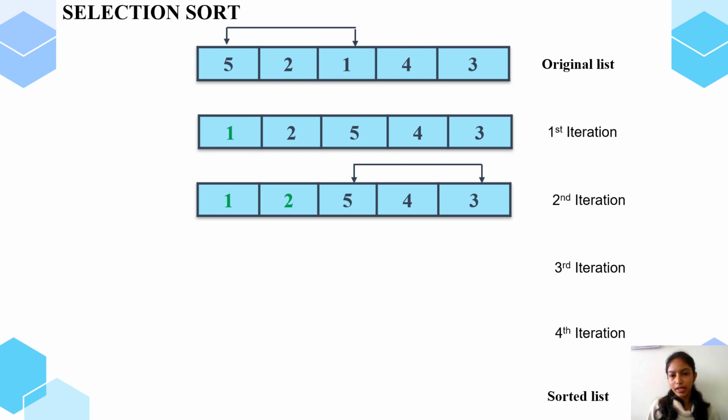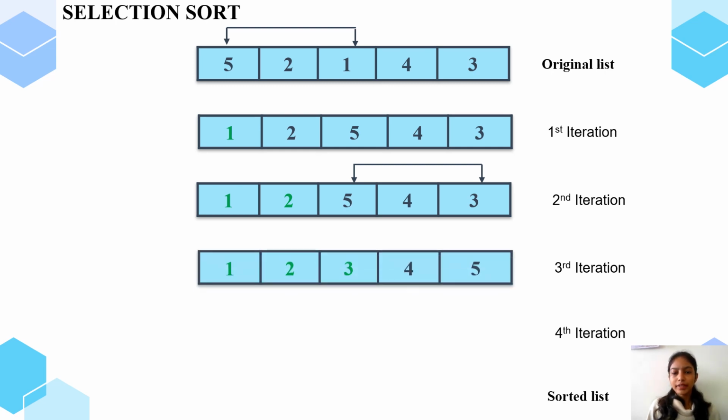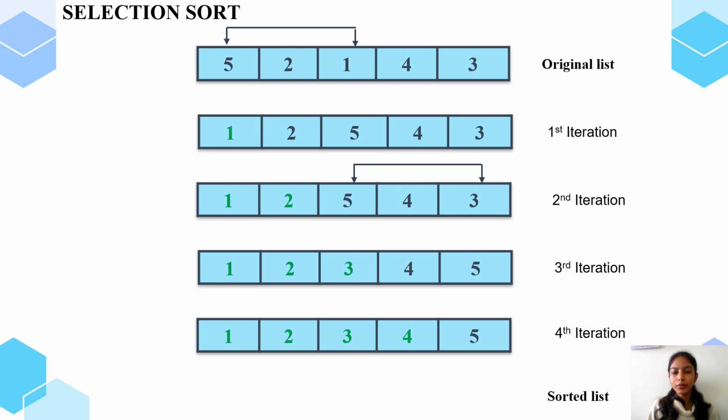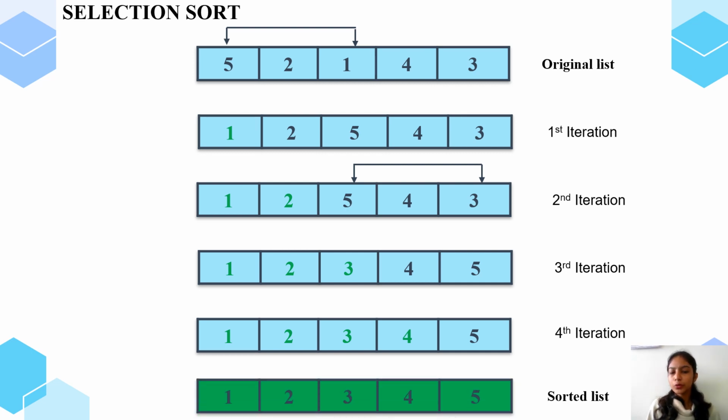In the third iteration we swap 5 and 3 and the list is 1, 2, 3, 4, 5. Here 1, 2, 3 is sorted. In the fourth iteration there is no swapping. Here 1, 2, 3, 4 is sorted, and finally 1, 2, 3, 4, 5 is the sorted list.